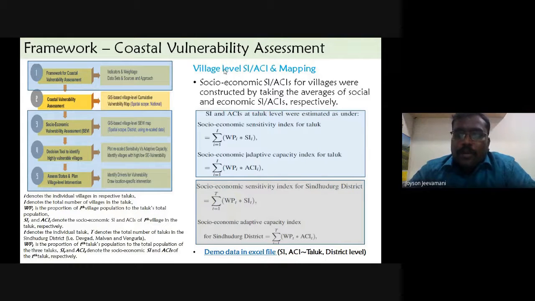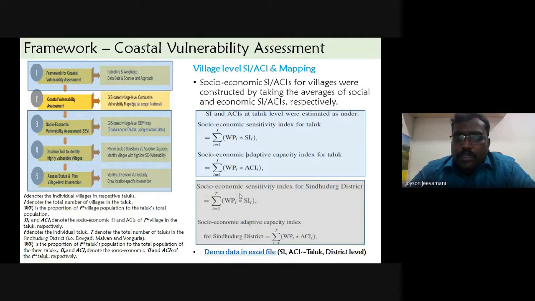After that, the next level is the taluk level. For the taluk level, we use this formula. It is nothing but the sensitivity of the villages in that particular taluk multiplied by the proportion of the population of that particular village. We multiplied and then added them. This gives the sensitivity index at the taluk level.